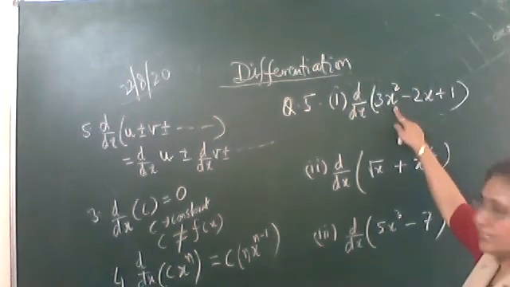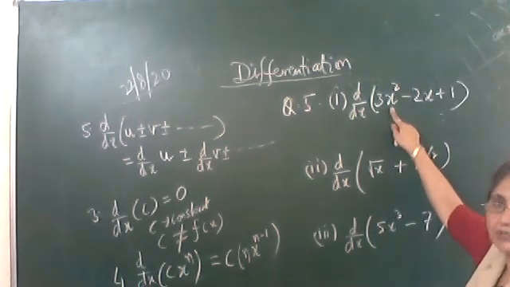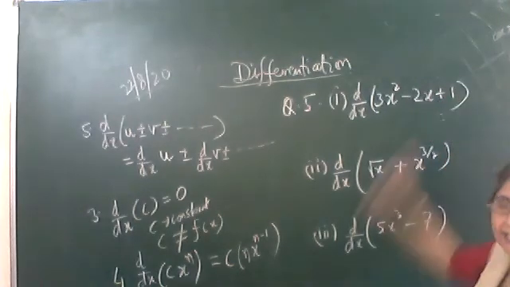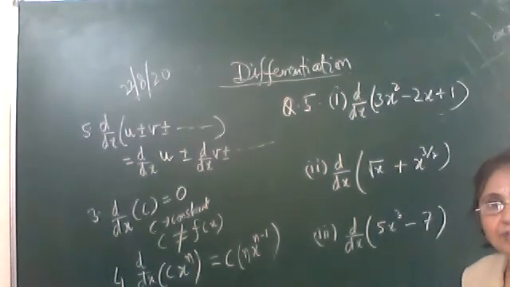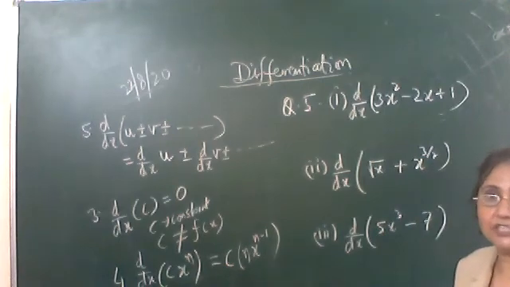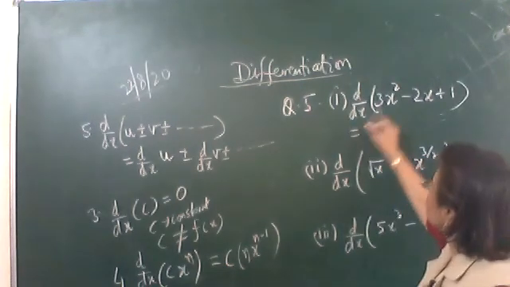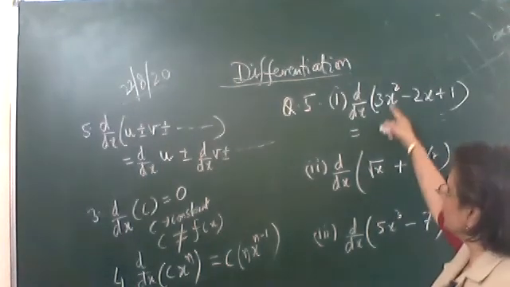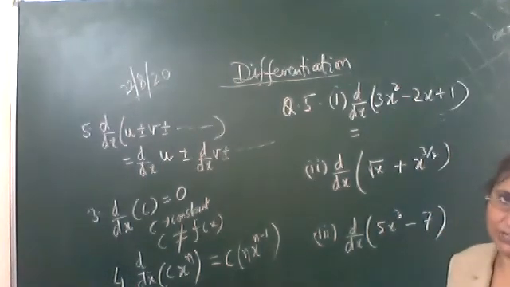First term is 3x square, d by dx of 3x square minus d by dx of 2x plus d by dx of 1. And we have already done how to find the differentiation of these terms. So for the first one, I am writing the answer. You will check your answer. 3 is outside and the differentiation of x square is 2x.